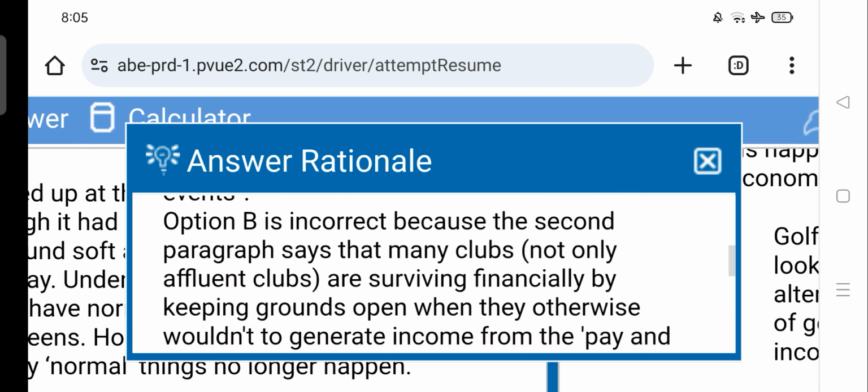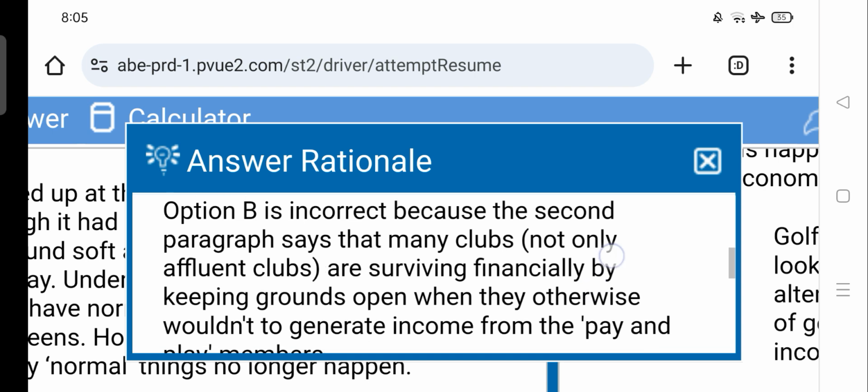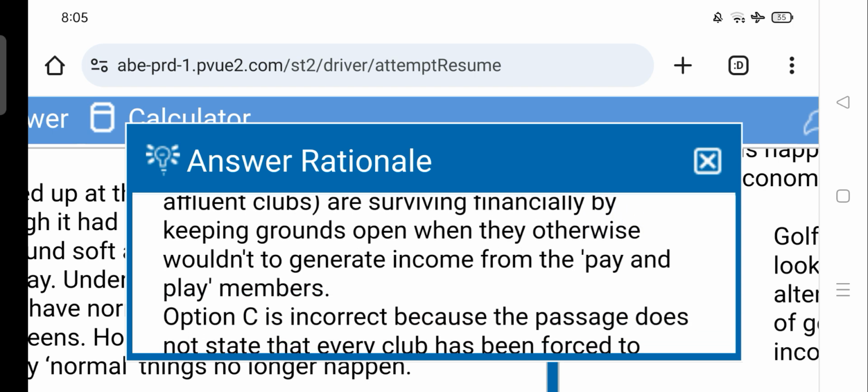Option B is incorrect because the second paragraph says that many clubs are surviving financially by keeping grounds open when they otherwise wouldn't generate income from the pay and play members.